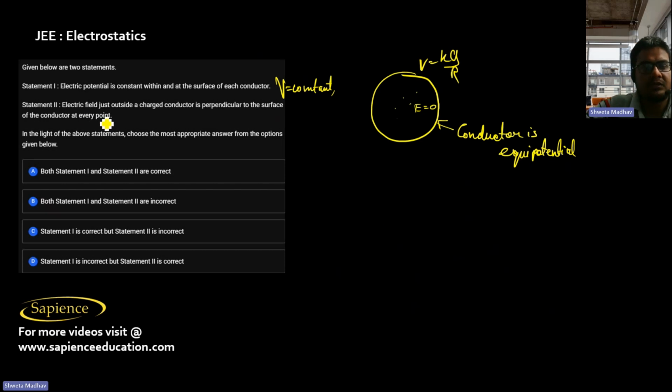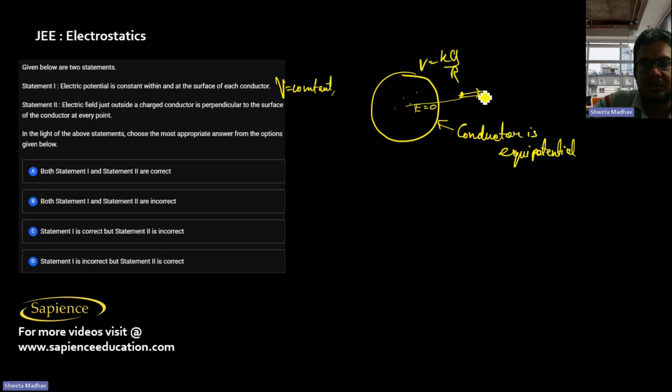Then electric field just outside a charged conductor is perpendicular to the surface of the conductor. Electric field outside the surface of a charged conductor is perpendicular to the surface at every point.